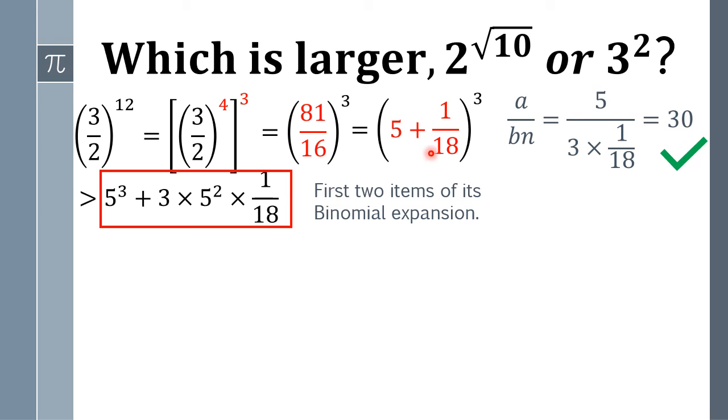We use the first two items of this binomial expansion, which is 5 to the third power plus 3 times 5 squared times 1 over 18. Of course, there will be a larger than symbol here.